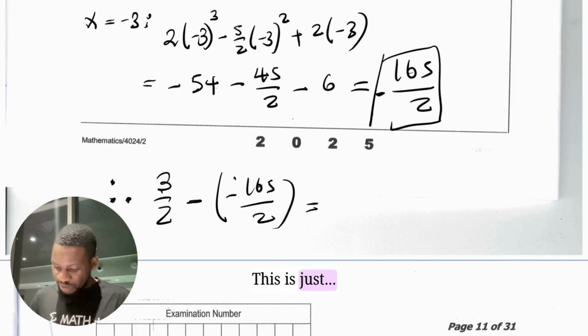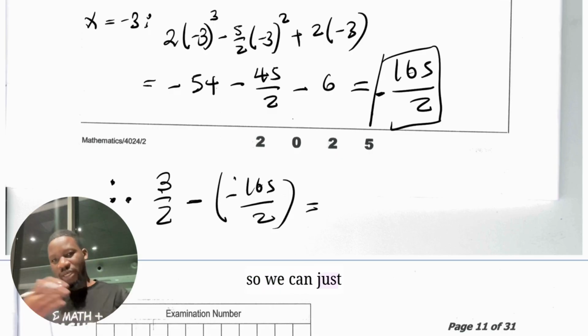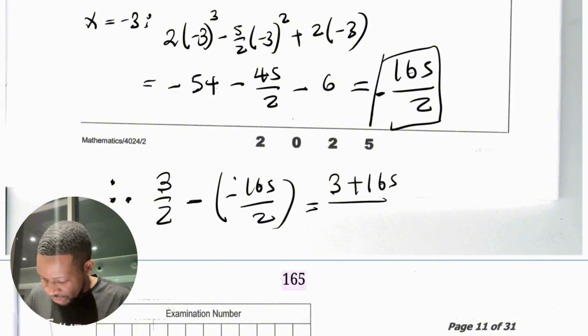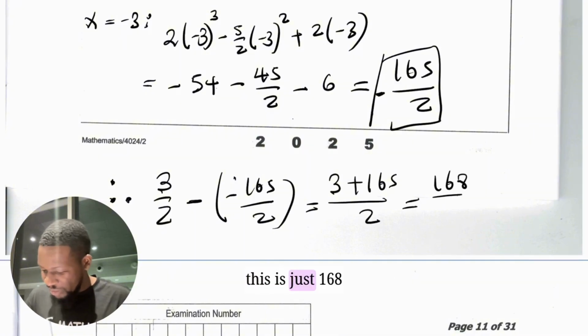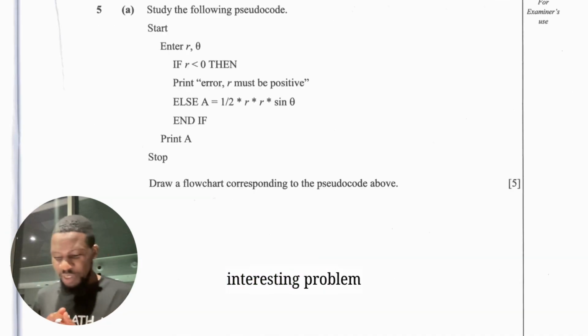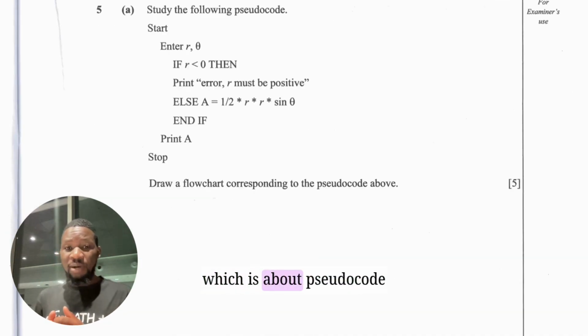Okay, the denominators are the same, so we can just go ahead and add the numerators. So that is 3 plus 165 divided by 2, and this is just 168 divided by 2, which is just 84, guys.